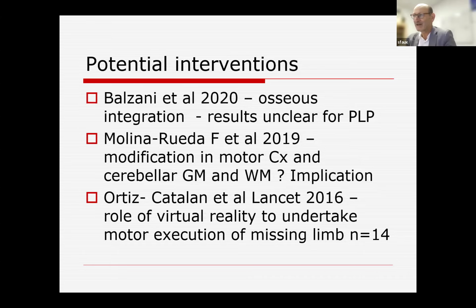Then there is evidence that there is modification in the motor cortex and the cerebellar grey matter and white matter, but what is the meaning of it? We're not certain, except that we know that the brain does alter. And there was a study of virtual reality that showed no significant role in phantom limb pain.